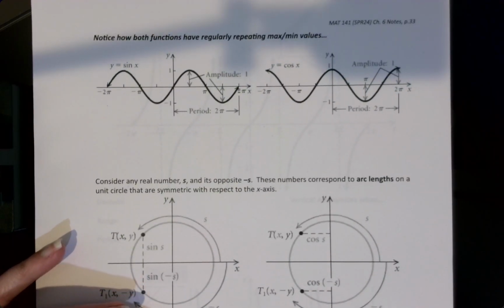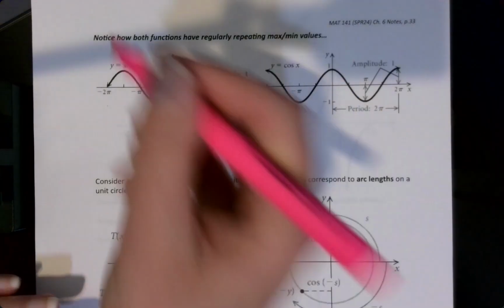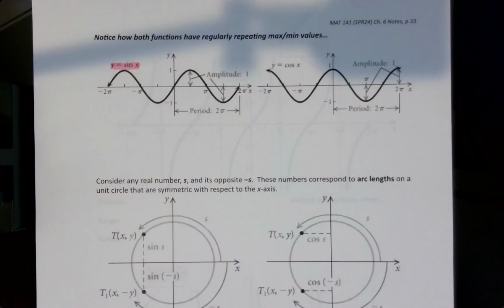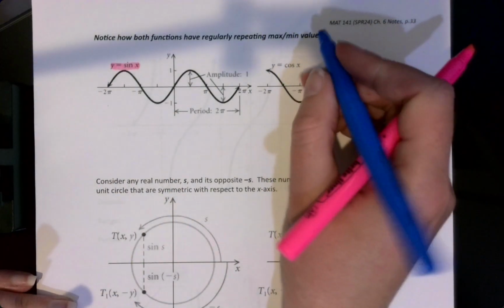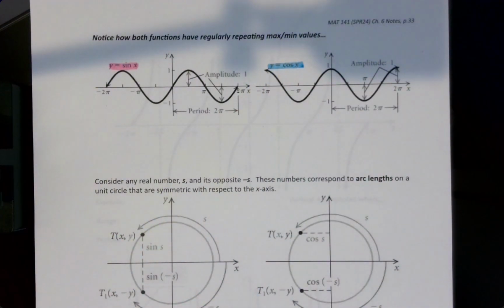Okay, continuing some more details over here. Now notice how both functions have regularly repeating maximum and minimum values. So this here is the graph of sine of x, and this one is the graph of cosine of x. We're talking about those maximum and minimum values.